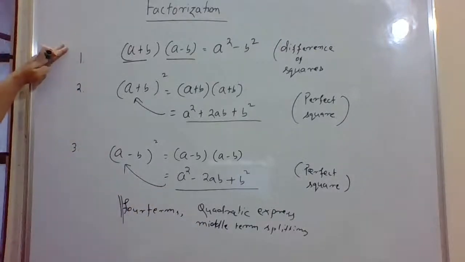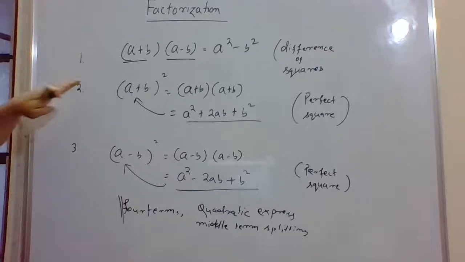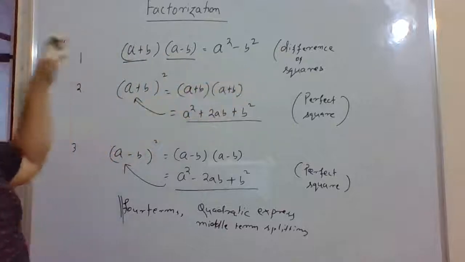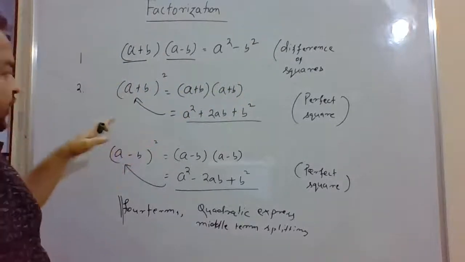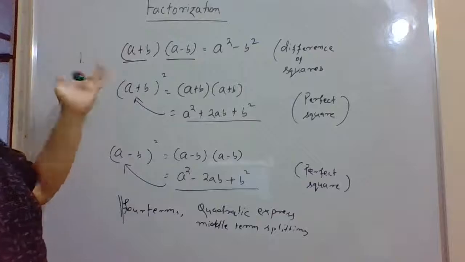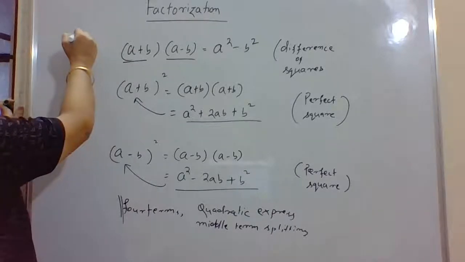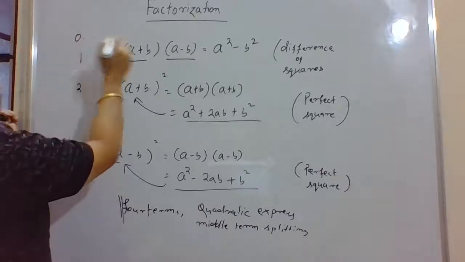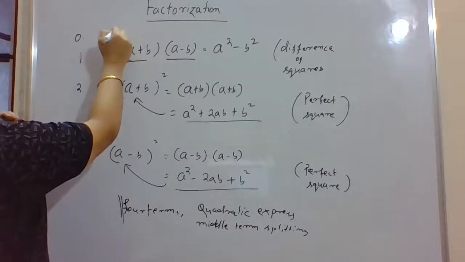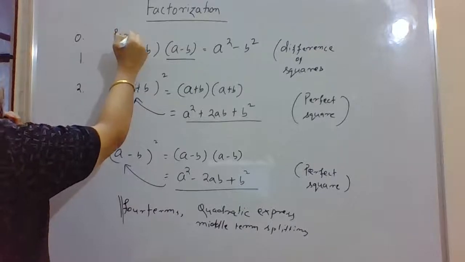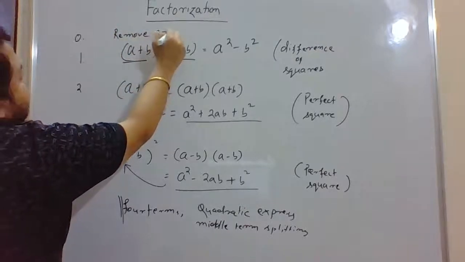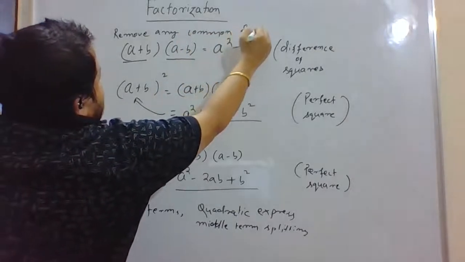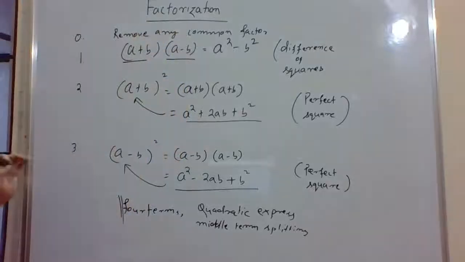In this lecture, we will be concentrating on these forms. First one, difference of square. Next, perfect square, and one which I have not written here, and that is even more primitive. I will call that form zero. That is nothing but reduce or remove any common factor. We will go into them one by one.